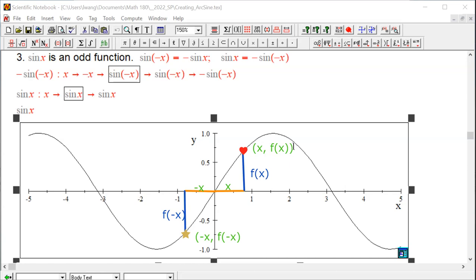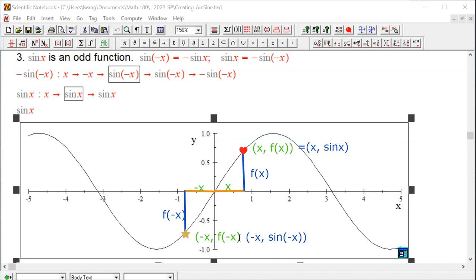In our case, this is really x, sine x. And this point is negative x, sine of negative x. You guys see that?